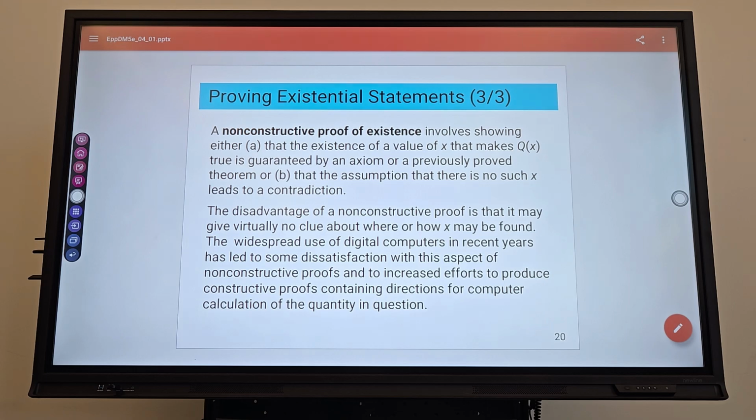The disadvantage of a non-constructive proof is that it may give virtually no clue about where or how x may be found. The widespread use of digital computers in recent years has led to some dissatisfaction with this aspect of non-constructive proofs, and to increased efforts to produce constructive proofs containing directions for computer calculation of the quantity in question.